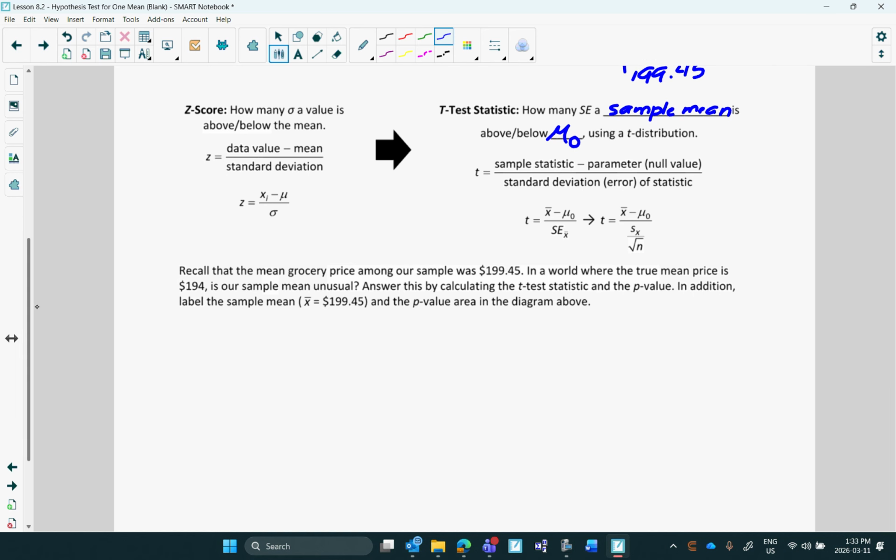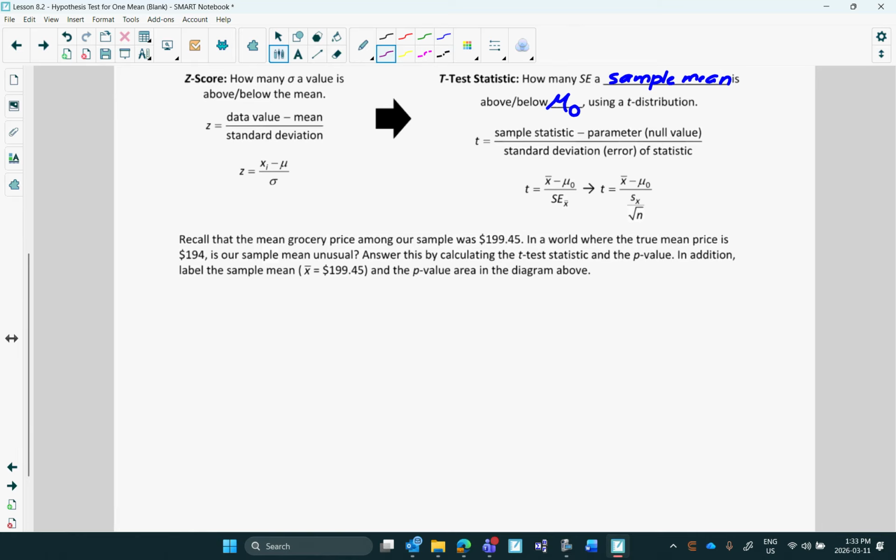So we have to calculate that using the calculations that we got above. So remember, t is going to be this. Our sample mean, 199.45, minus the null mean, 194, divided by the standard error that we got above.